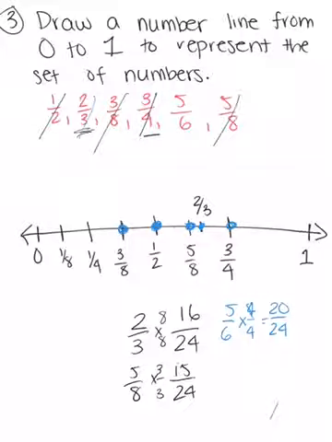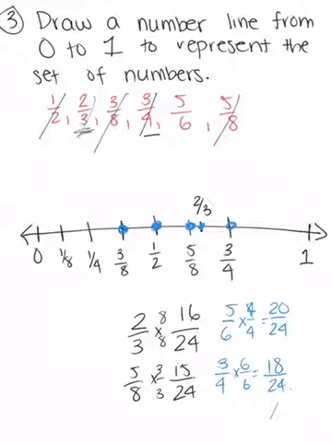So I know now that the 5/6 is going to be greater than 2/3, and it's also greater than 5/8. So I want to compare it to this 3/4. So I'm going to set this equal to 24. And I have 18.